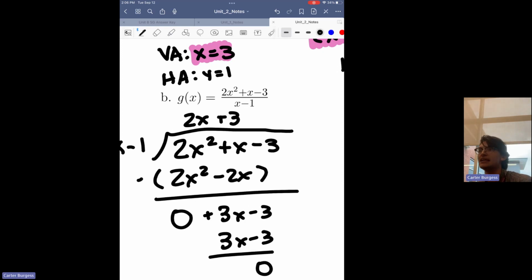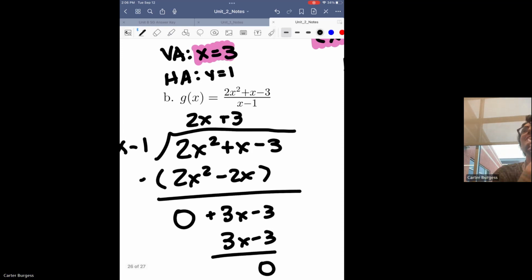In fact, my function is 2x plus 3, except when what? That would just be the 0 of the numerator, which is okay. Except when x equals 1, which is what we see here in our original denominator.